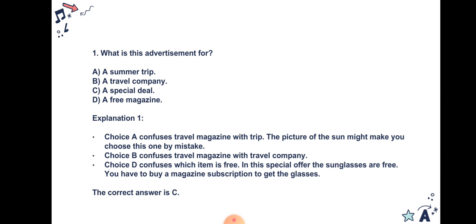You know, where is the wrong? So, choice B confused travel magazine with travel company. Choice D confused which item is free. In this special offer, the sunglasses are free. You have to buy a magazine subscription to get the glasses. The correct answer is C. Itu a special deal.